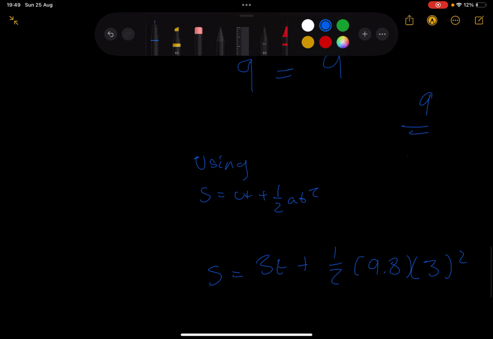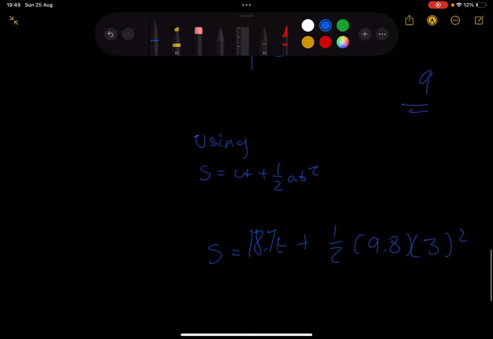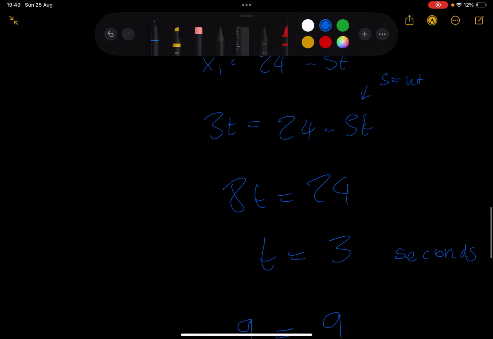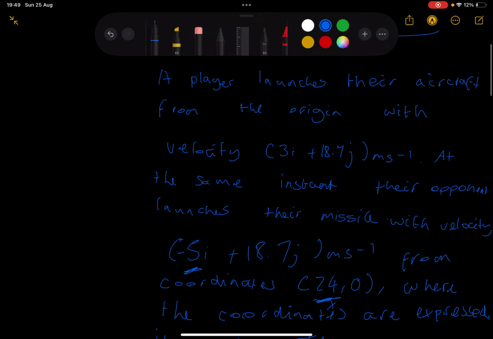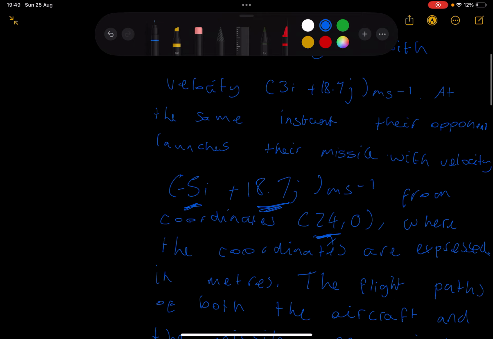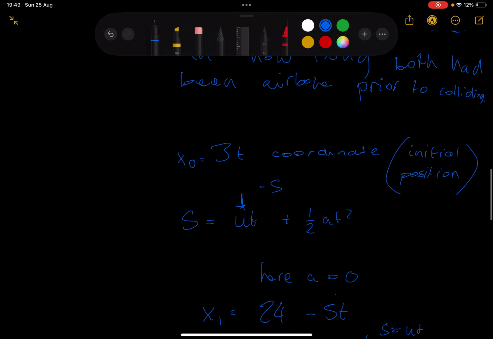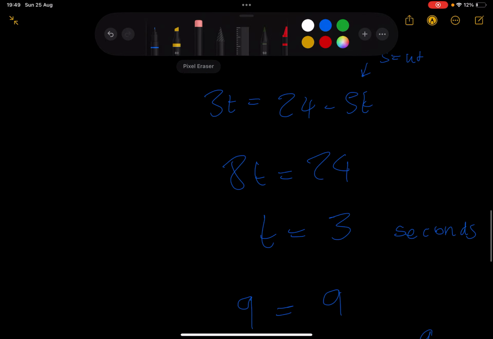Sorry, actually 18.7, discard that because that is what we have here. We're using the vertical component because we need to find out the y coordinate.